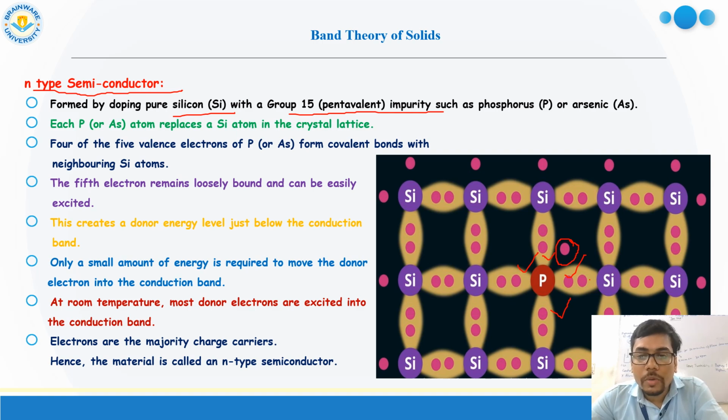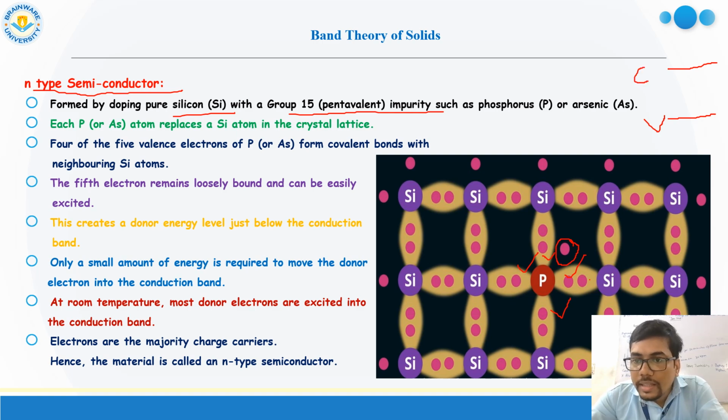So depending on the number of atoms of the impurity, from each atom one unbound electron is there. So this electron is free for movement, and actually those electrons make an impurity donor level just below the conduction band. Suppose this is your valence band, and this is your conduction band.